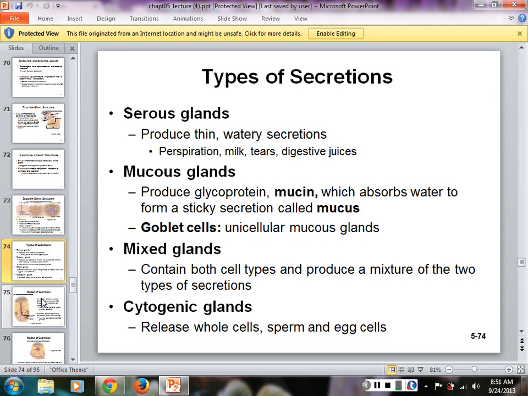Number 13? Yeah. Okay, read modes of secretion.